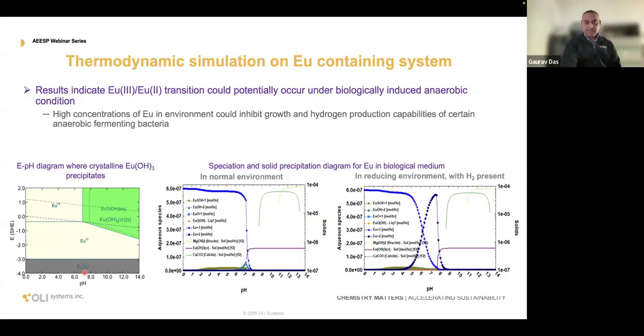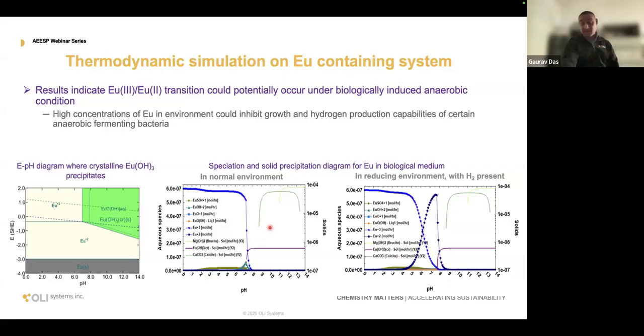However, for a brief pH region, europium 2+ actually becomes stable and falls within the water stability region. At higher pH, europium hydroxide 3 aqueous species is stable, with the europium hydroxide crystalline phase precipitating.